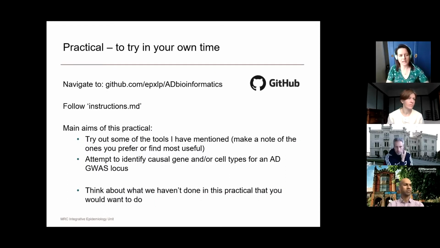I'll just finish now, but I have previously put together a practical to try some of these tools out. If you're interested, please go to my GitHub page and you can follow instructions for trying out 5 of the different tools that I've mentioned. You can think about what they might be telling you and also what they're not telling you, or what's missing, and what other things you would need to do to come to some conclusions.